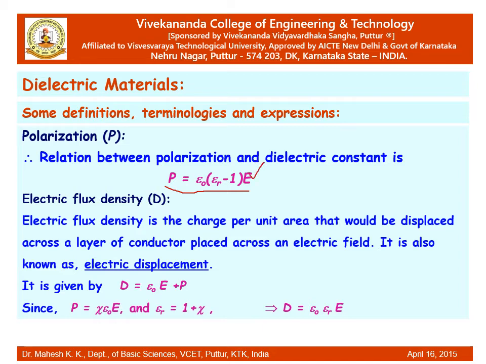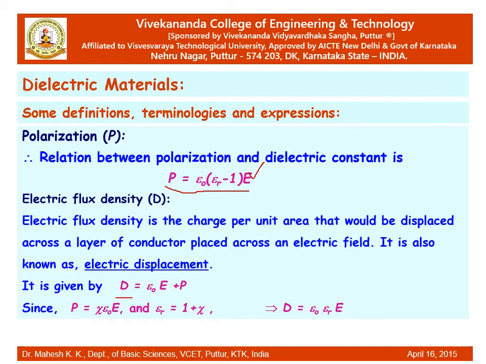Electric flux density, let us see what it is. Electric flux density is the charge per unit area that would be displaced across a layer of conductor placed across the field. It is also known as electric displacement, and it is given by D, as you could see.